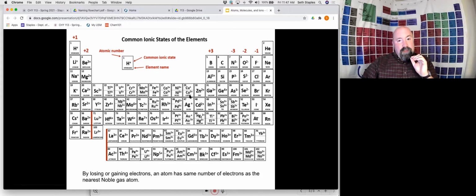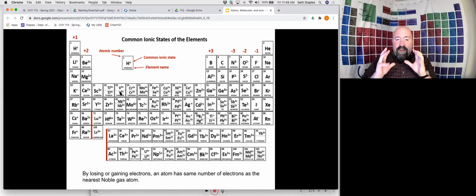Now, the transition metals, like I said, are not nearly as predictable. Something like iron, for instance, can easily form a +2 or a +3. Manganese can form a +2 or a +4. And things can be all over the place. In fact, chromium shows a +2 and a +3 here, but chromium could even form a +7. Vanadium can form +2, +3, +5, even 6, I think.